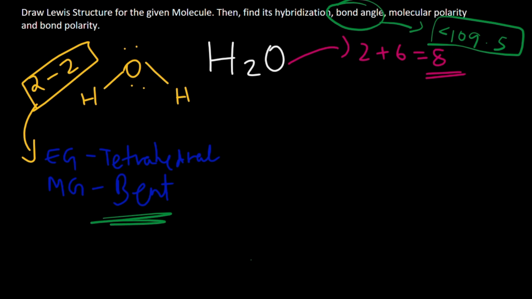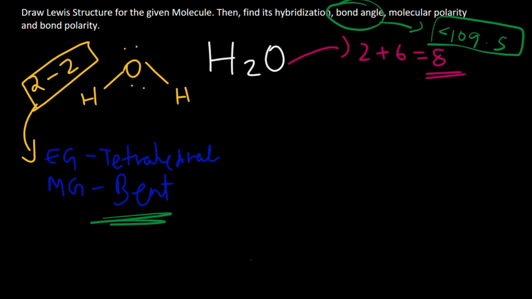Okay, so we got our bond angle, and now what else can we get from the molecular polarity? Well, there's a lot of things. One of the things that we can still get is our hybridization, which I totally forgot about.